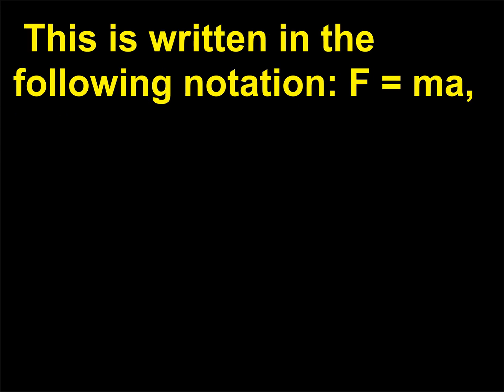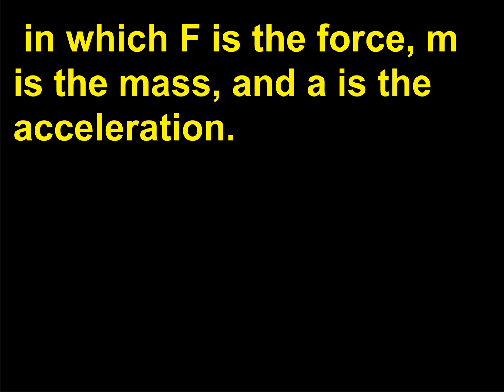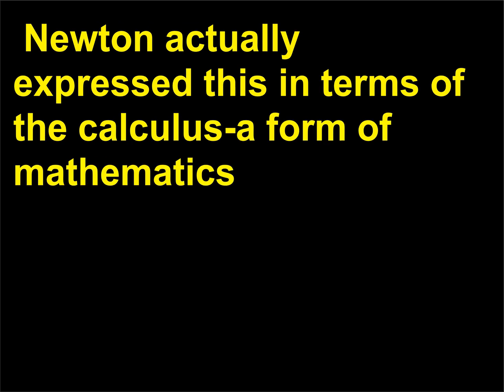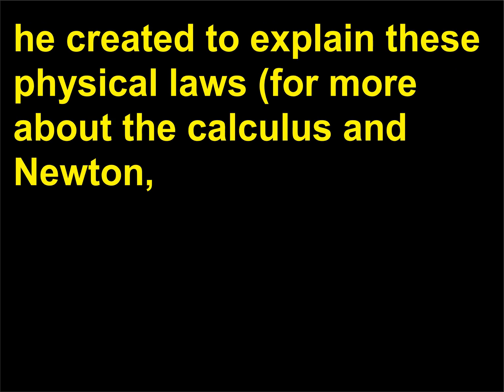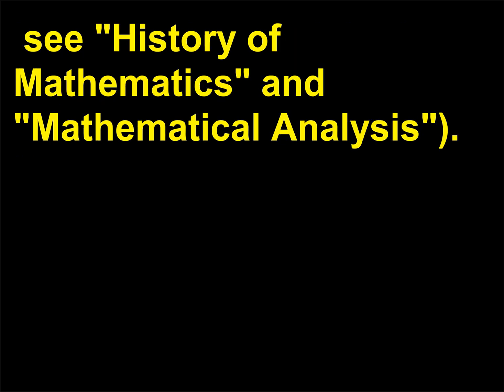This is written in the following notation: F equals ma, in which F is the force, m is the mass, and a is the acceleration. Newton actually expressed this in terms of the calculus, a form of mathematics he created to explain these physical laws. For more about the calculus and Newton, see History of Mathematics and Mathematical Analysis.